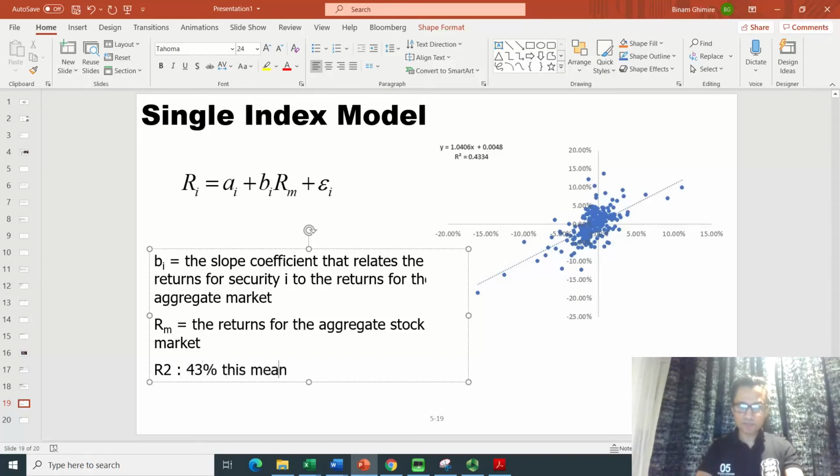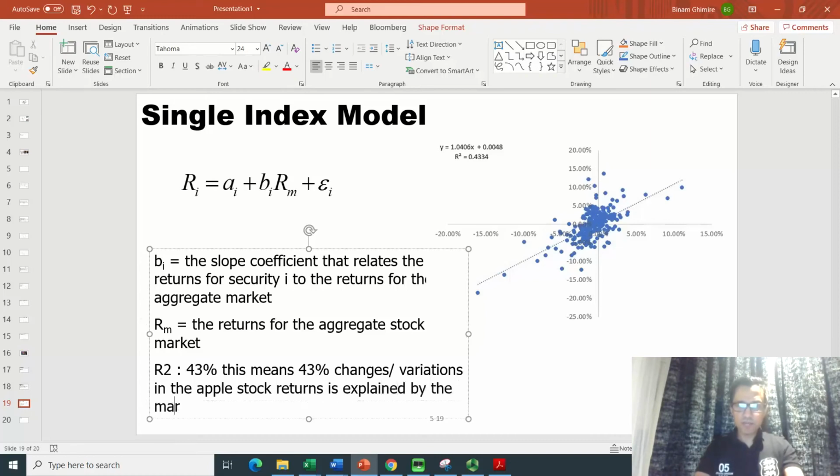This means the changes in the Apple stock returns is 43, so this means 43% changes or variation in the Apple stock returns is explained by the market return, which is S&P 500.